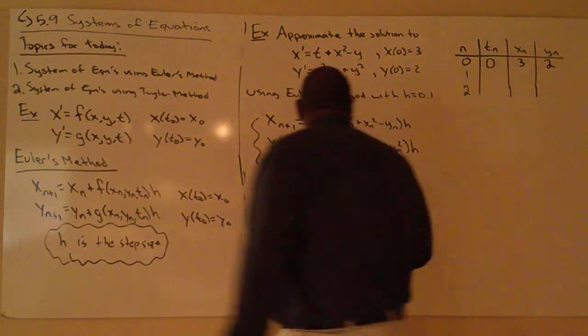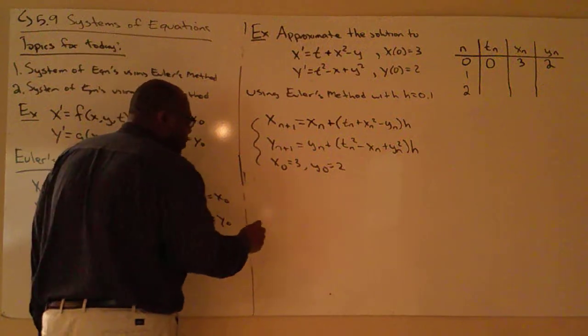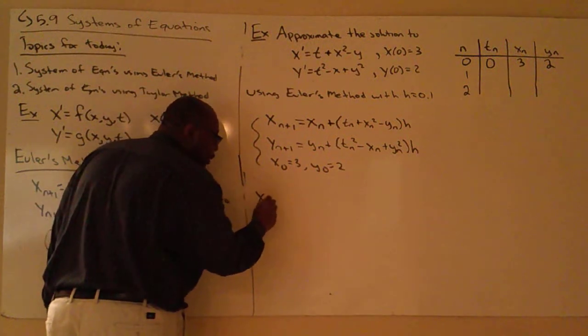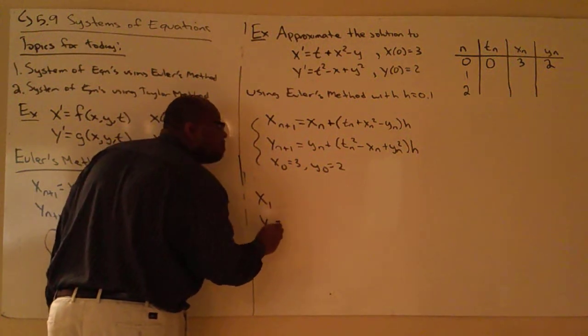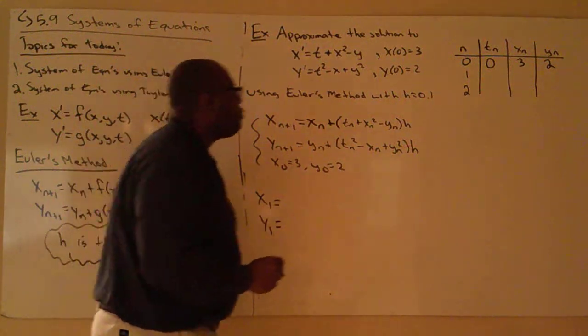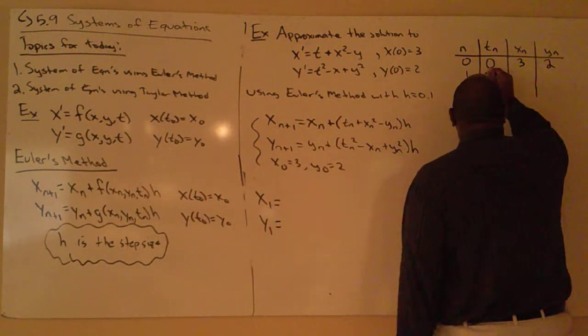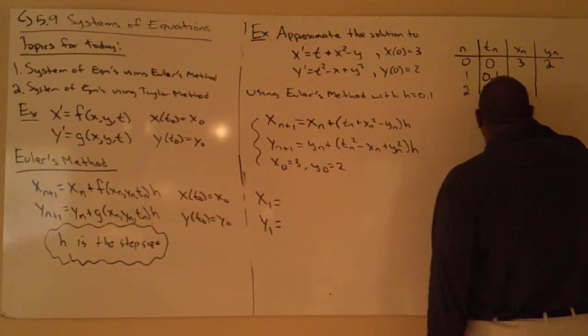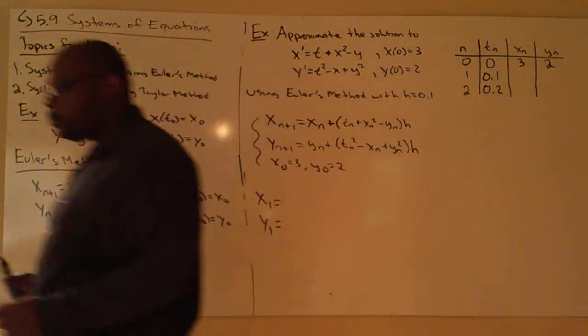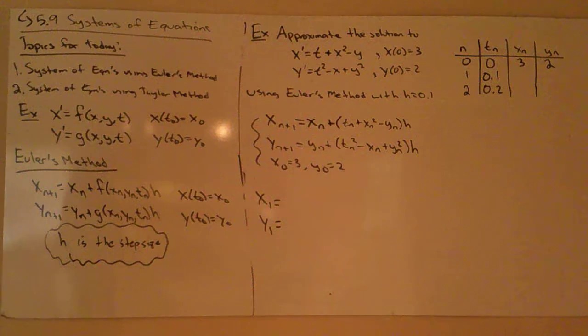Let's plug in to find x of 1 and y sub 1. We use h equals 0.1, so t is 0.1, and then 0.2 is what I want there.